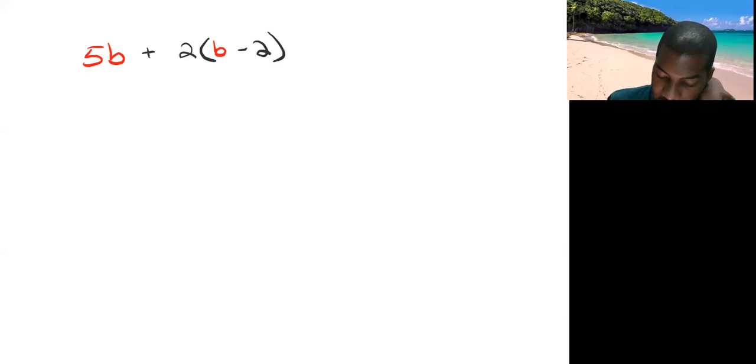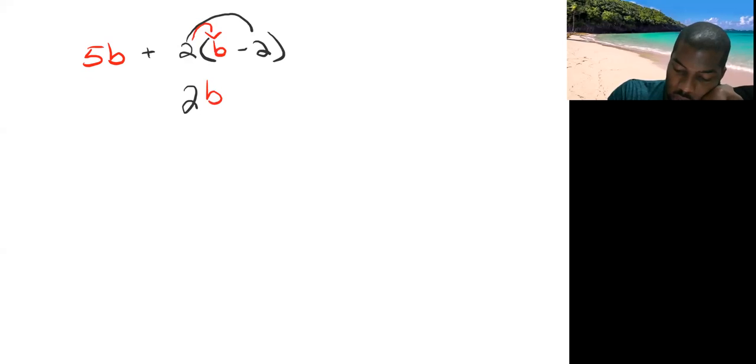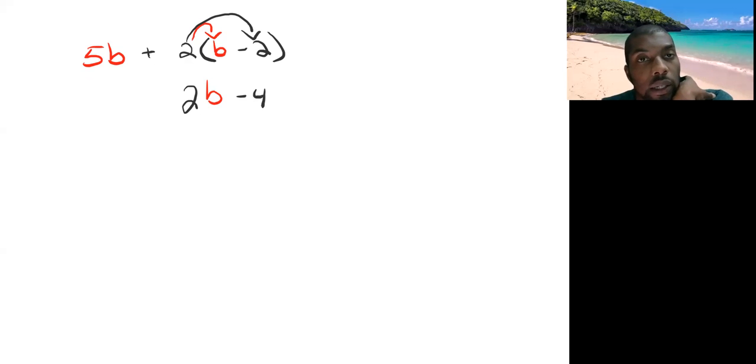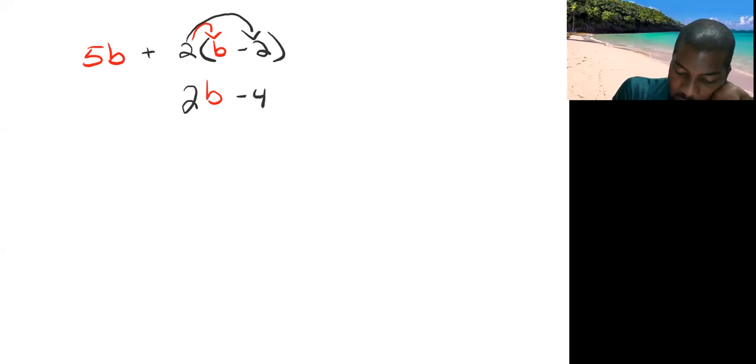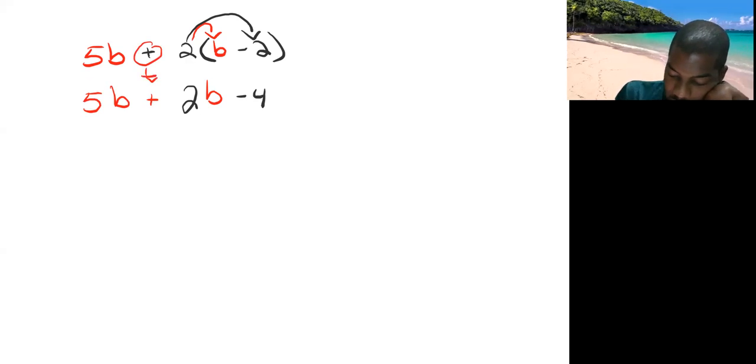Well, I see I have a parentheses and a variable and a number on the outside, so I can do 2 times b, which is going to be 2b. And then I could do 2 times -2, which is -4. And then I could just rewrite this 5b in the front here. I include the addition symbol because it didn't go anywhere, nothing happened to it.